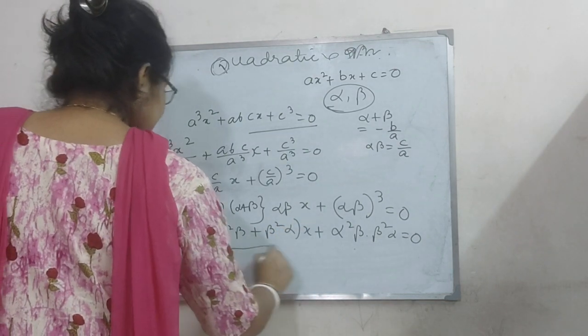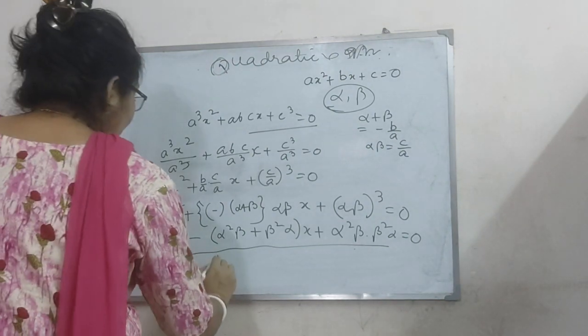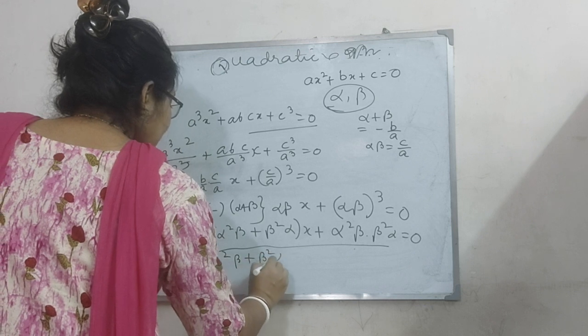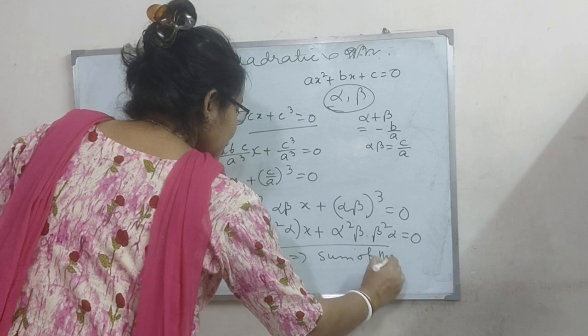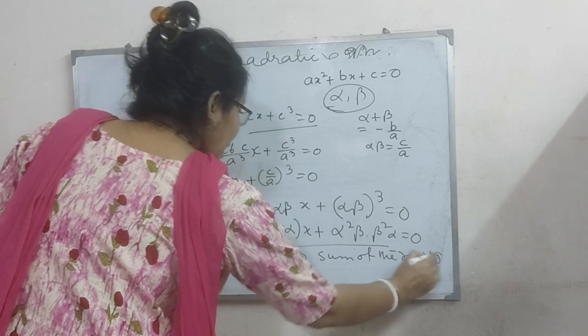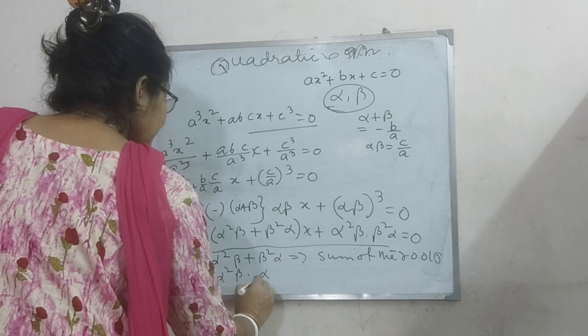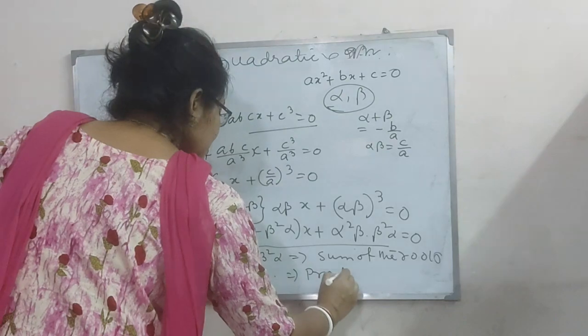So from this equation it is clear that the sum of the roots is alpha square beta plus beta square alpha, and the product of the roots is alpha square beta times beta square alpha.